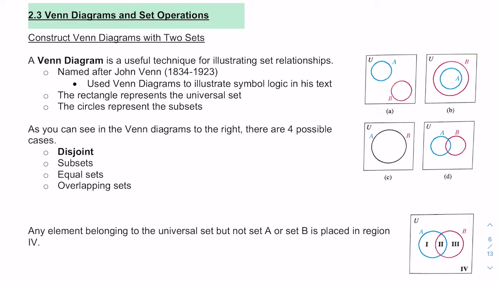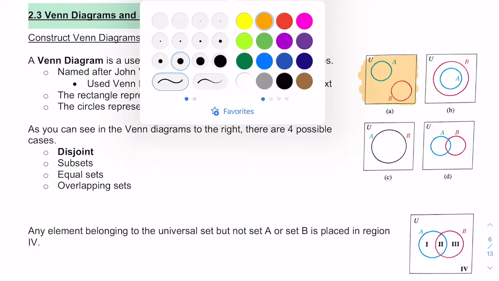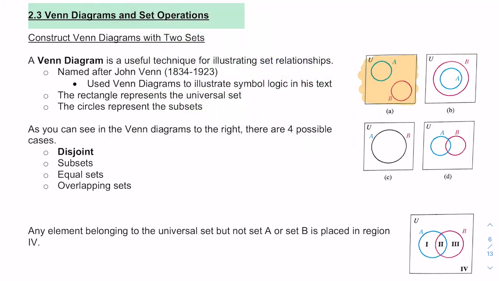The rectangle represents the universal set. So this would be all of the numbers in the universal set. And then we would have our subsets here. So each of the circles are subsets of the universal set.